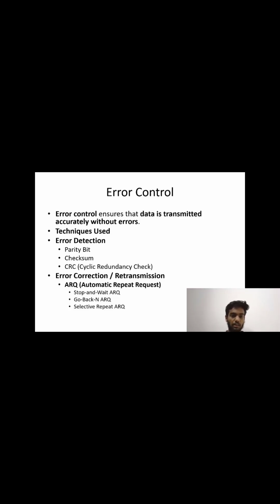For error correction we have ARQ, the automatic repeat request. Under ARQ, we have three different types: stop and wait ARQ, go back N ARQ, and selective repeat ARQ. These are the techniques involved in correcting errors that could possibly occur during transmission.